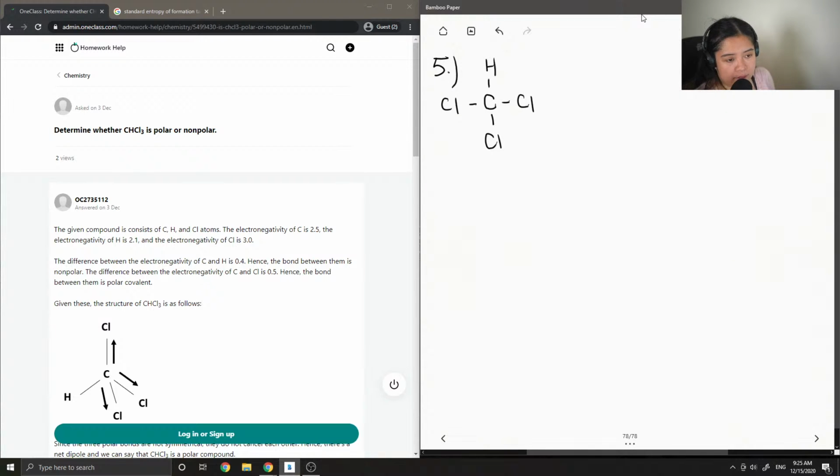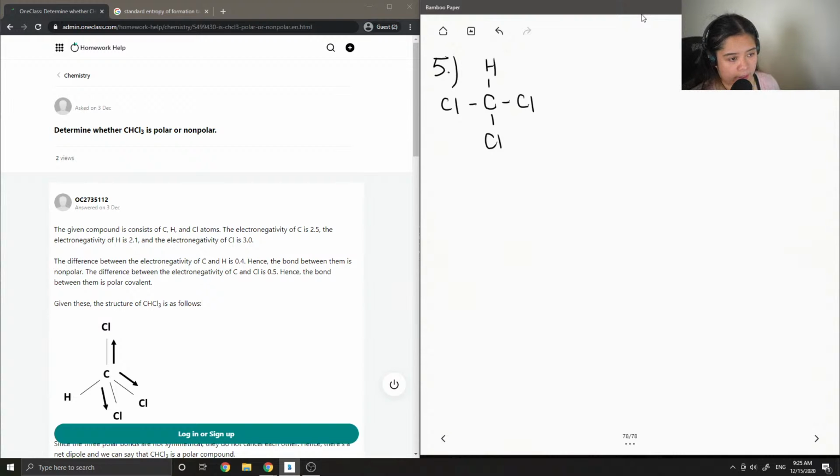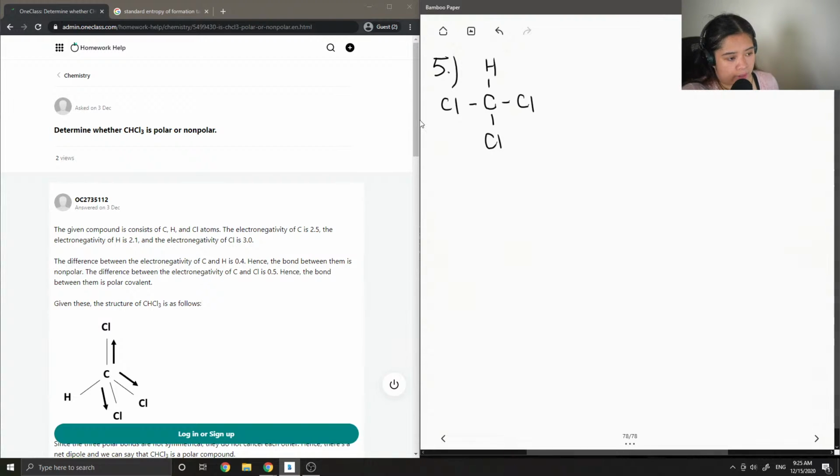Okay, so if we recall the electronegativity values of a chlorine atom versus carbon and hydrogen, you'll remember that chlorine is more electronegative. So because of this, all of these chlorine atoms will create dipole moments in the direction of the chlorines. So we can say that CHCl3 is polar.